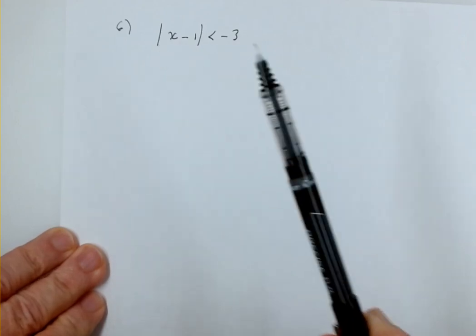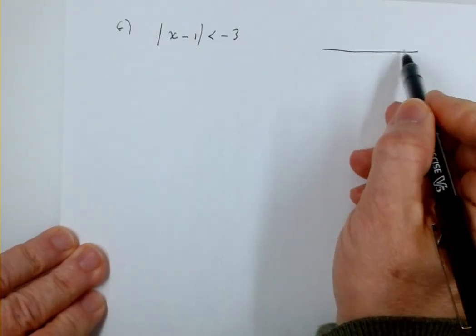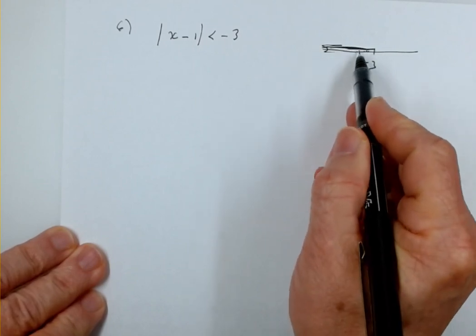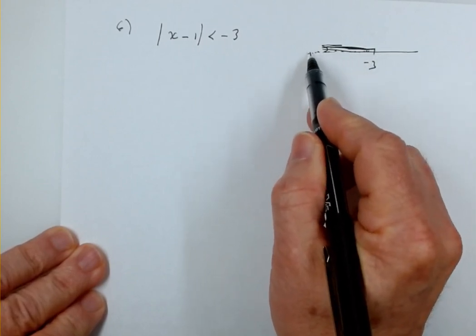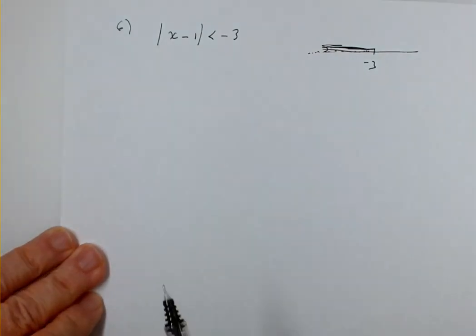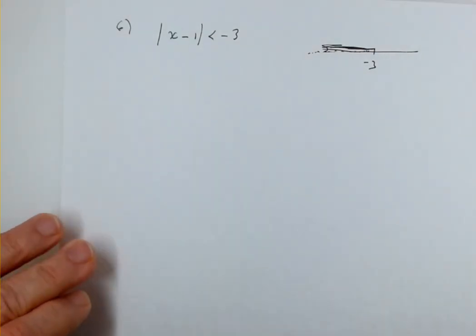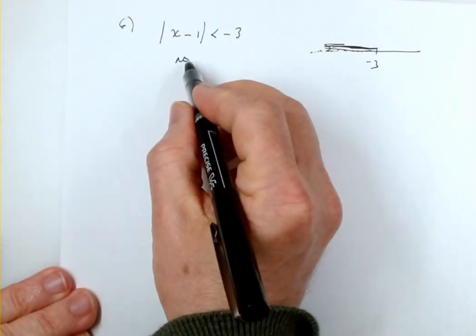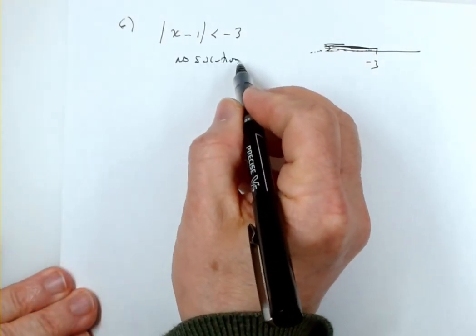Look, here's -3, and all these numbers I'm shading are negative. The absolute value of a number is always positive or 0. So right away you can say no solution.